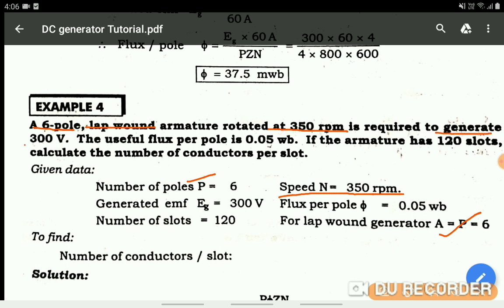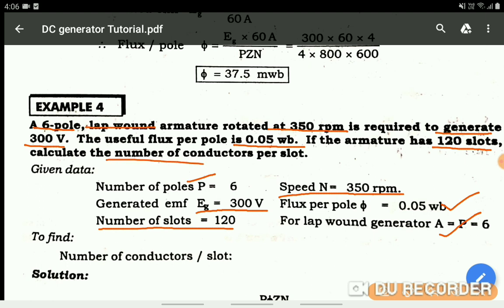It's required to generate 300 volts, which means EMF EG equal to 300 volt. Flux per pole is 0.05 Weber, phi is equal to 0.05 Weber. Then the armature has 120 slots, so the number of slots is equal to 120.